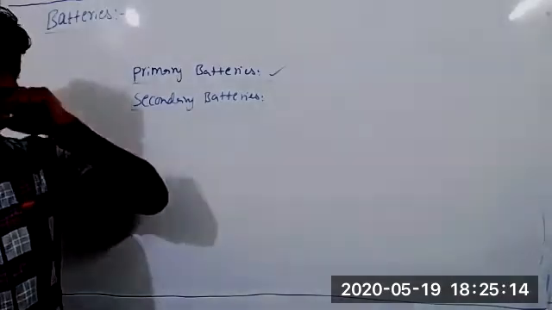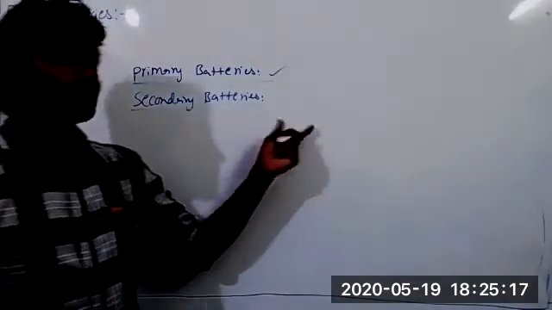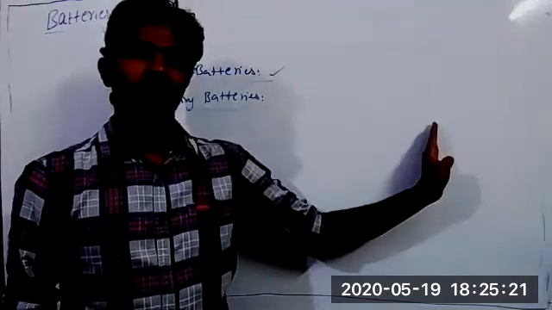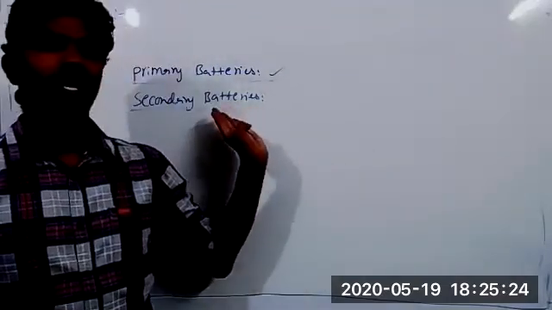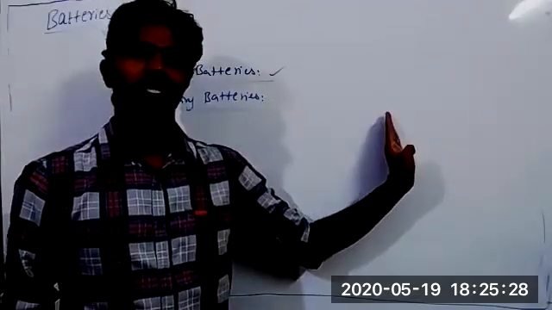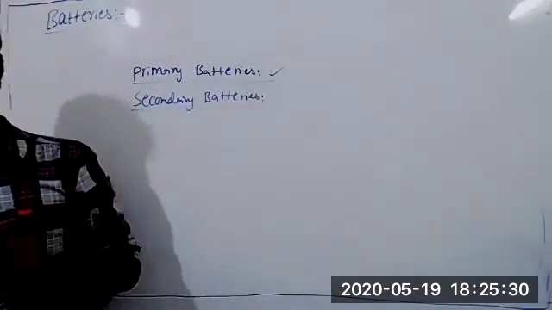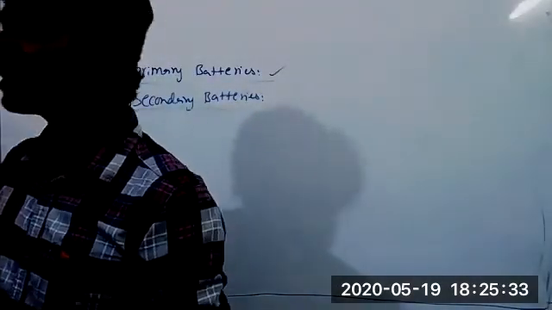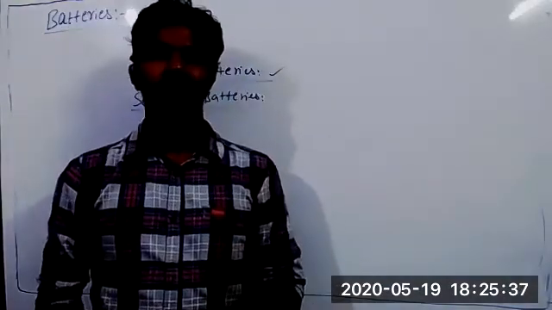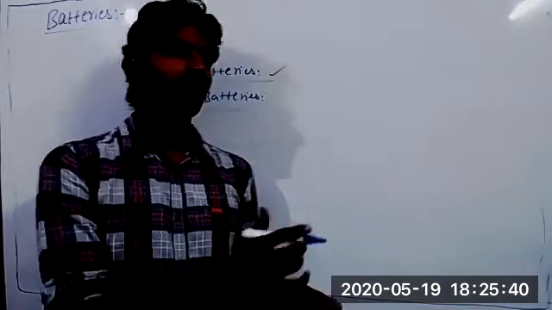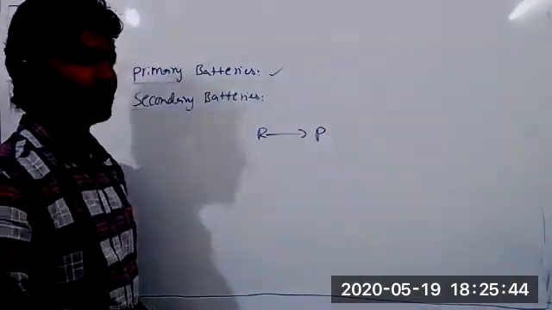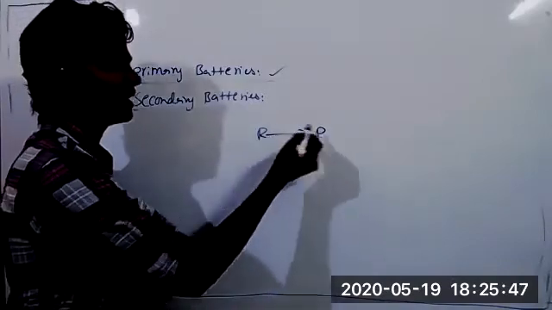Next, secondary batteries. In this type, it is possible to carry out the reverse reaction by applying external voltage. We can use these batteries again and again by supplying electric current through the battery in the opposite direction. Examples are inverter batteries and mobile batteries; we can recharge these. While discharging, the forward reaction takes place, that is, while using the mobile phone the battery's power is consumed and reactant is converted to product.